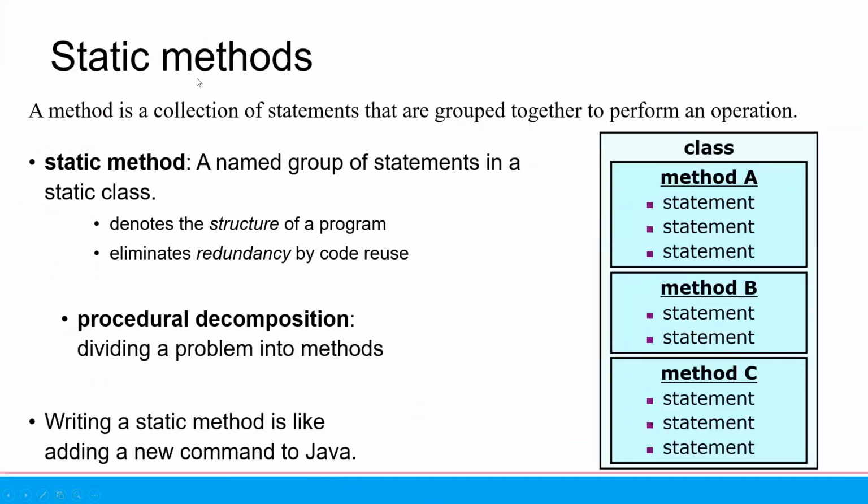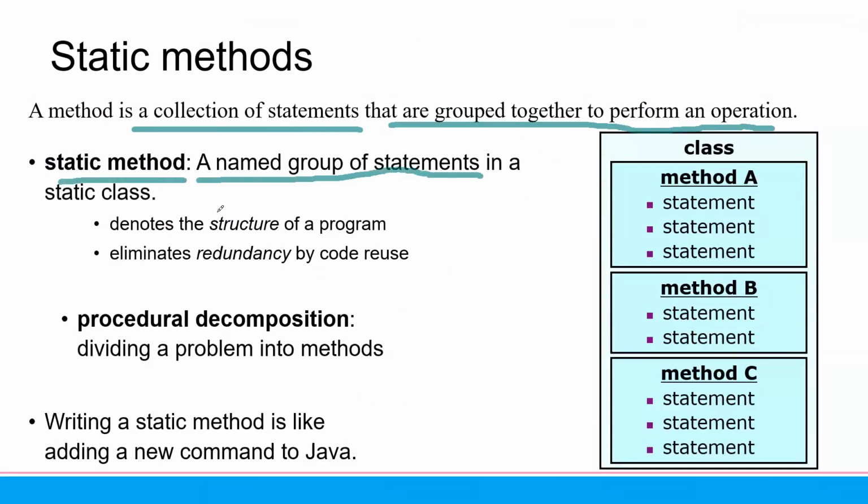Static method. A method is a collection of statements that are grouped together to perform an operation. So the static method is a named group of statements in a static class.